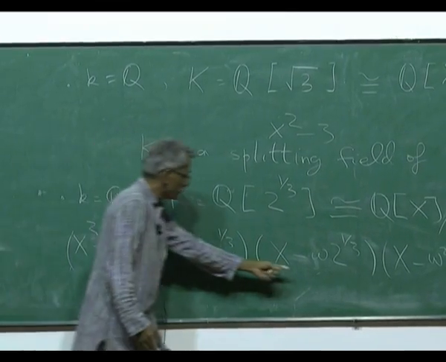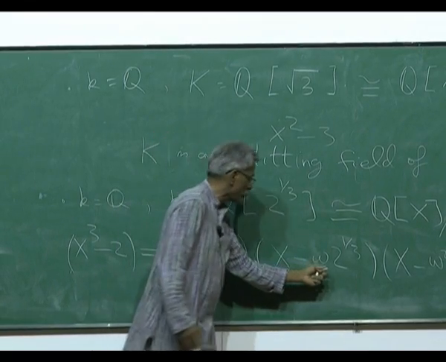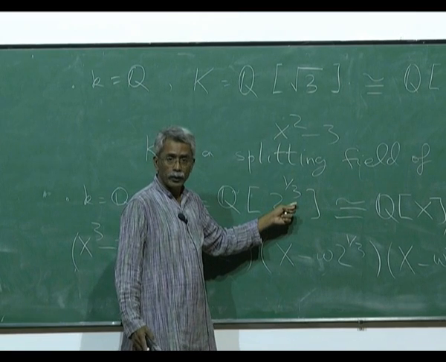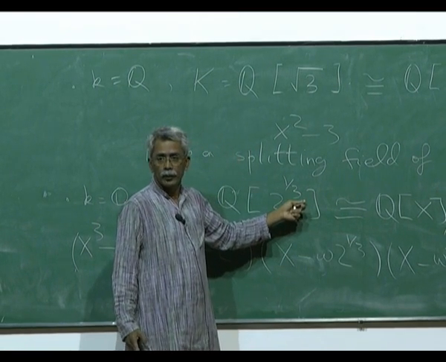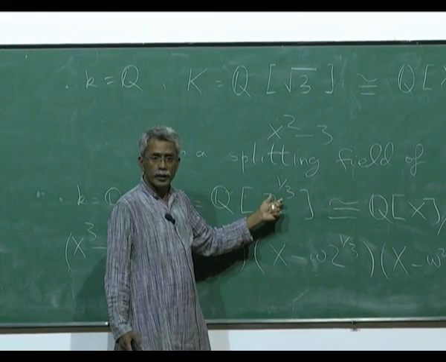You see, now you have two other roots. These roots are not here. Why is it not here? Suppose omega 2 power 1 by 3 is also here, then what happens? 2 power 1 by 3 is there, and therefore omega should also be there.